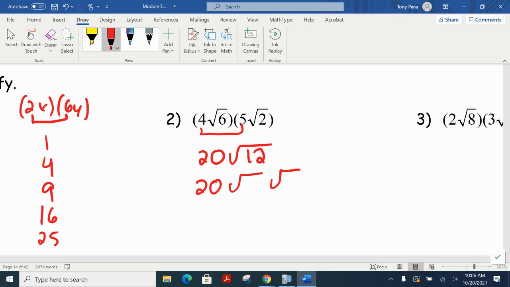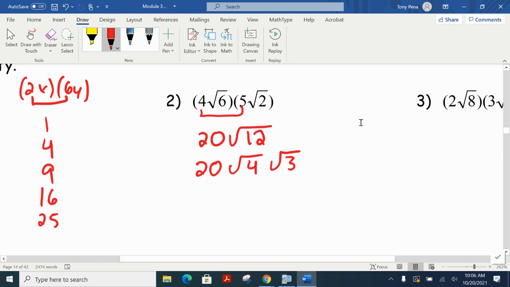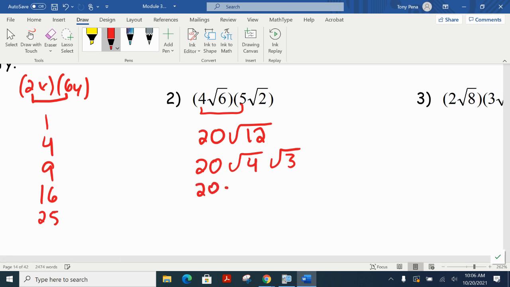All right. And that is by using a 4 and a 3. So if we multiply and we end up with something that can be simplified, then we need to go ahead and do that. So this is 20 times a 2. The root 3 we can't do anything with. So that is 40 root 3.